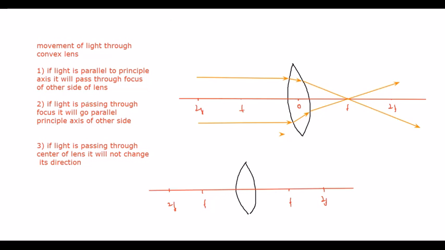Now, if the light is passing through the focus, it will go parallel. What does it mean? For example, if this is a light passing through the focus of the lens, so this is a focus and the light is passing through the focus.